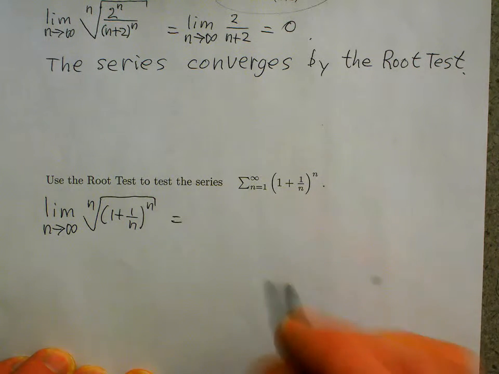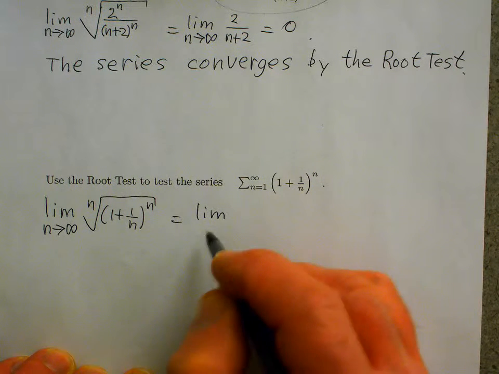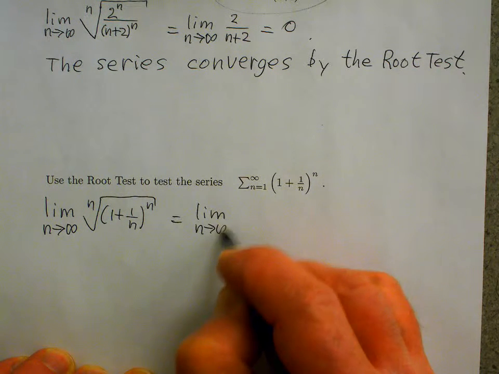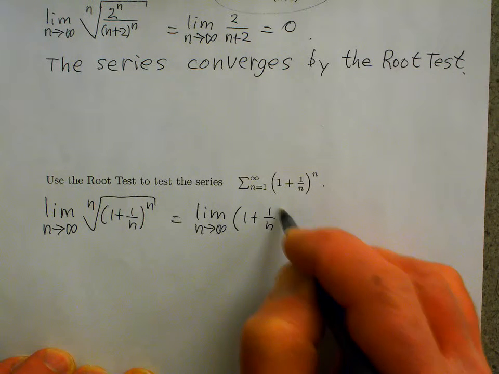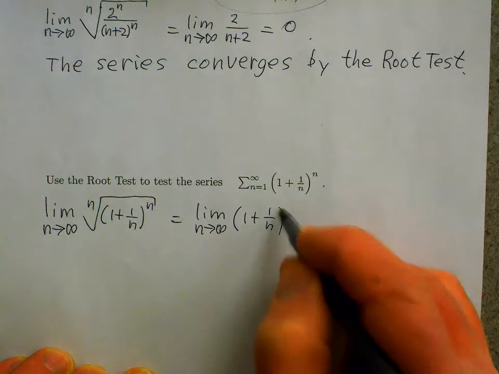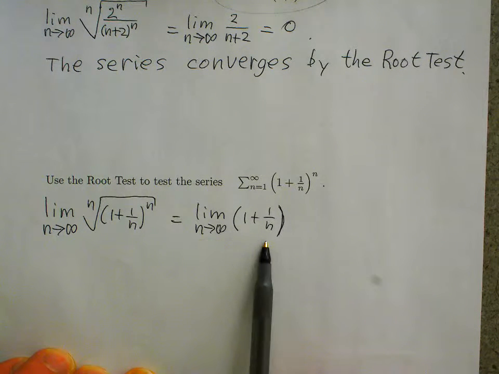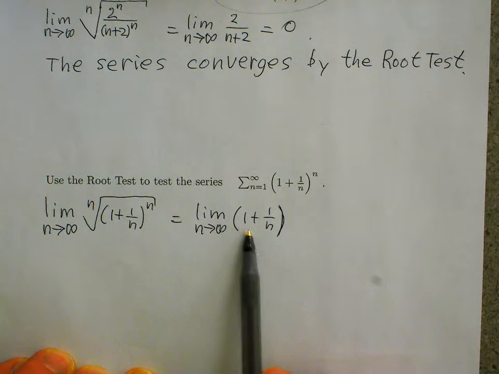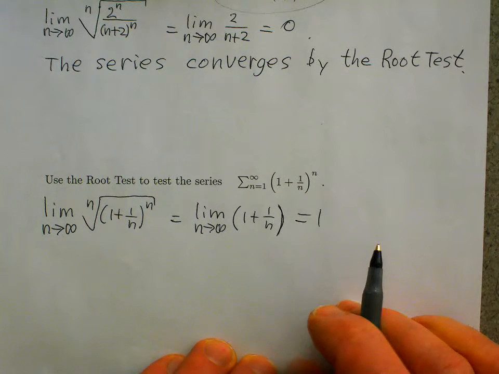And the nth root of something to the nth power is just that something. So 1 plus 1 over n. We can evaluate this limit. 1 over n goes to 0, so 1 plus 0 is 1. So the root test is inconclusive.